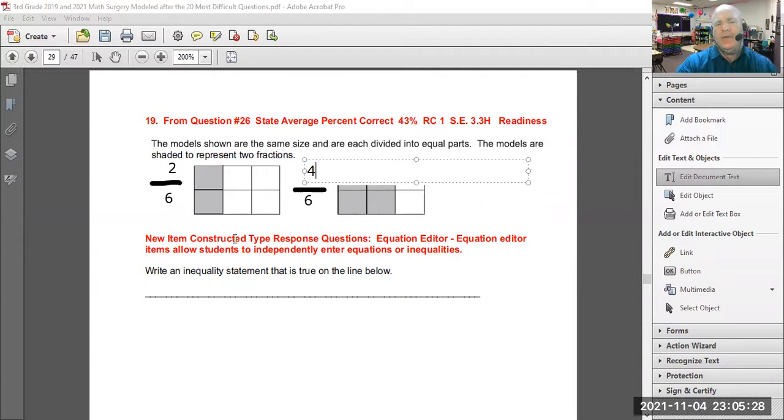So that means that 2/6, if you look at it, and 4/6 are not the same, because if you look at them, you can tell that that right model in the shaded portion takes up more.